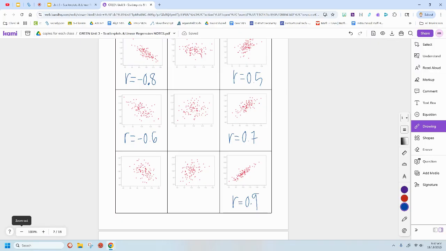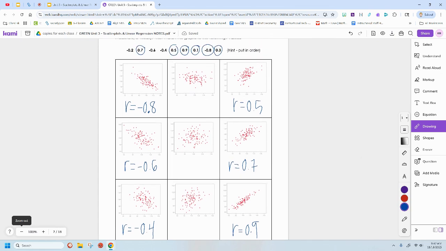And probably this one is the 0.4, right? The negative 0.4. Okay. And then we're left with these ones in the middle that don't really have much association going on, so it really might not even matter, honestly, that we label these.